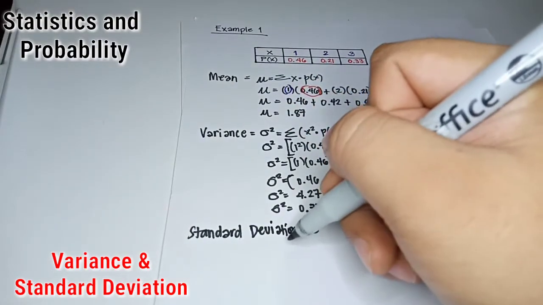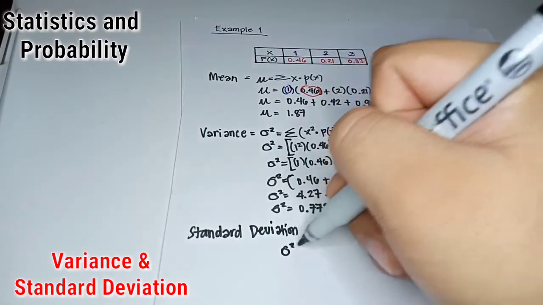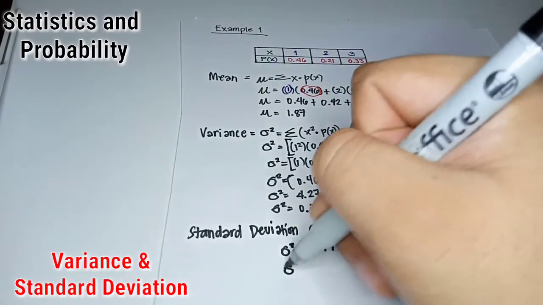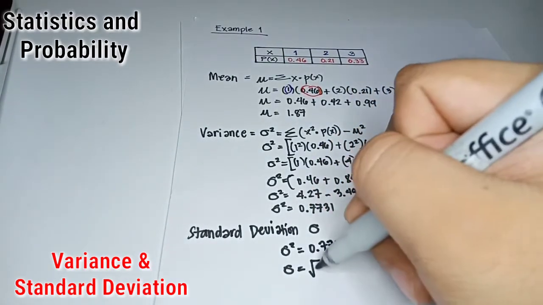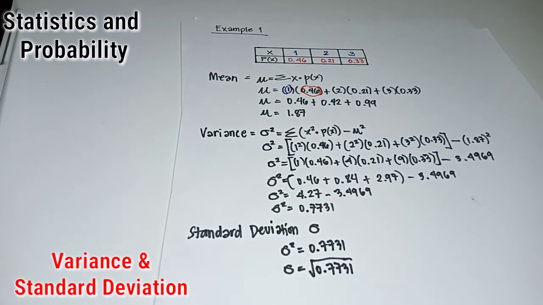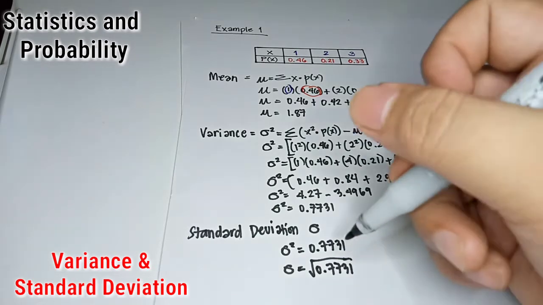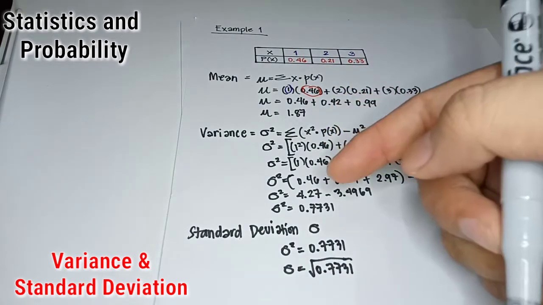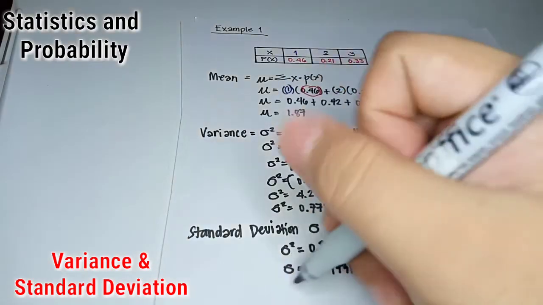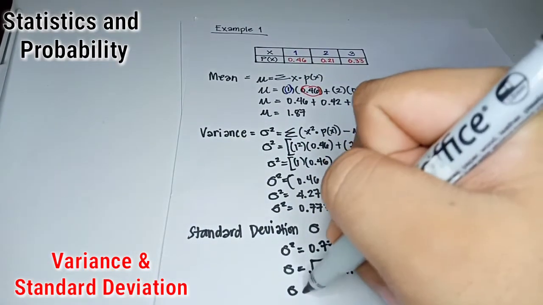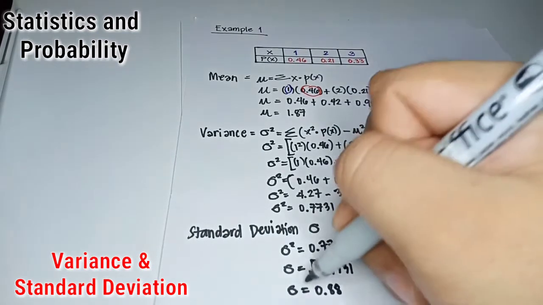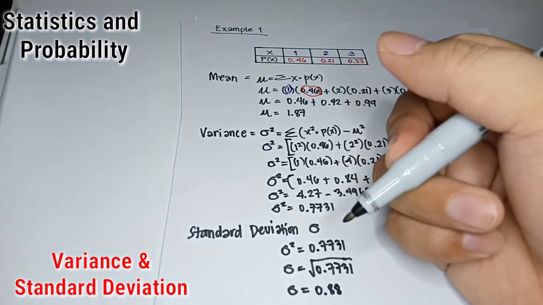So if we have sigma squared of 0.7731, you just need to take its square root. If you take its square root, then you will get your standard deviation, square root of 0.7731. Use your calculator because we cannot do it manually. You'll get approximately 0.88. Let me check if it's correct.